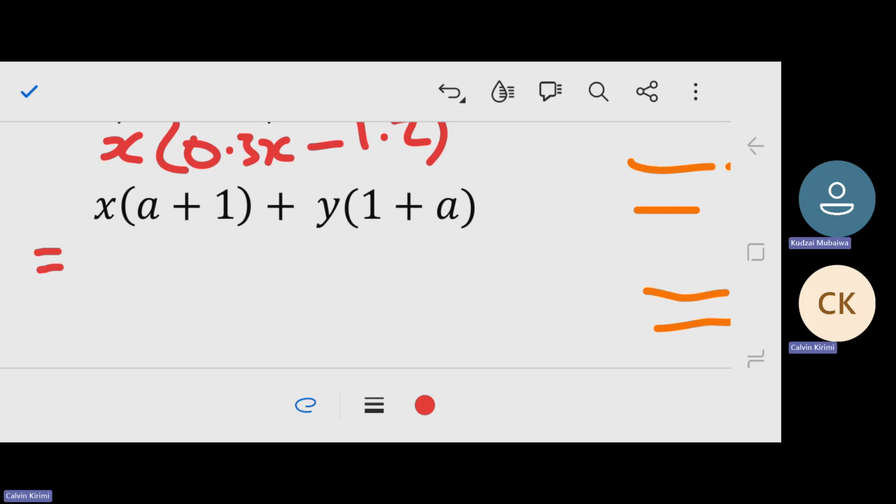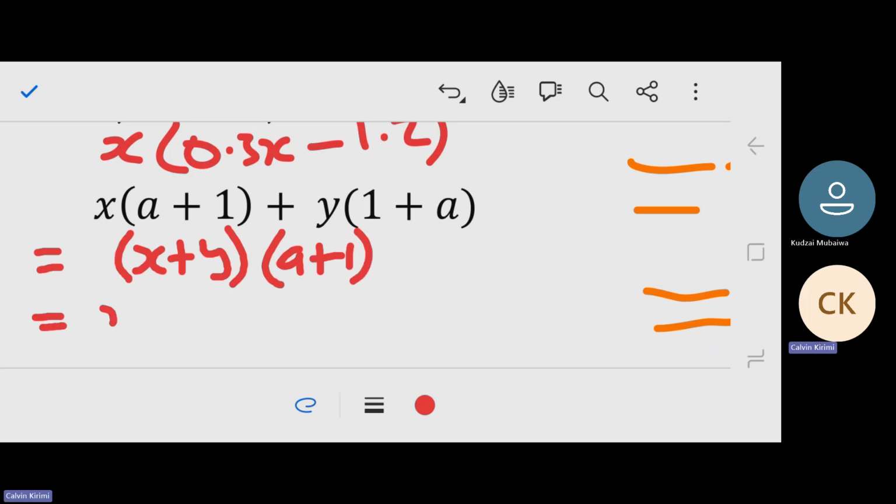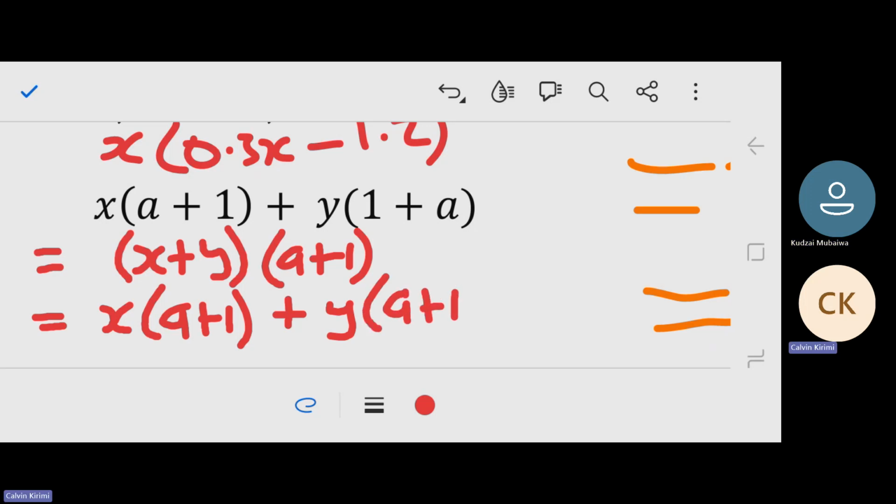I got bracket x plus y, close bracket, a plus 1. Yes, which is correct. Why? Because they are just rearranging so that it looks the same. x times a plus 1 plus y times a plus 1. It's just the same, isn't it?